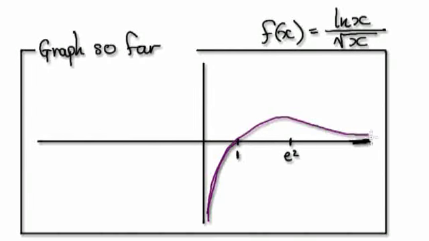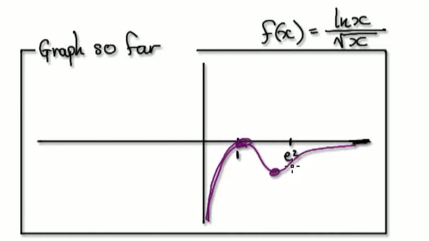Earlier we had a choice of doing this or doing this, where it goes down and then heads towards 0 here. But because we know the derivative equals 0 in only one place, it must go over here and dip down. By doing this, you only have one place where the derivative is 0. With version 2, you will have two places, here and here. Anyway, it's going to do this.